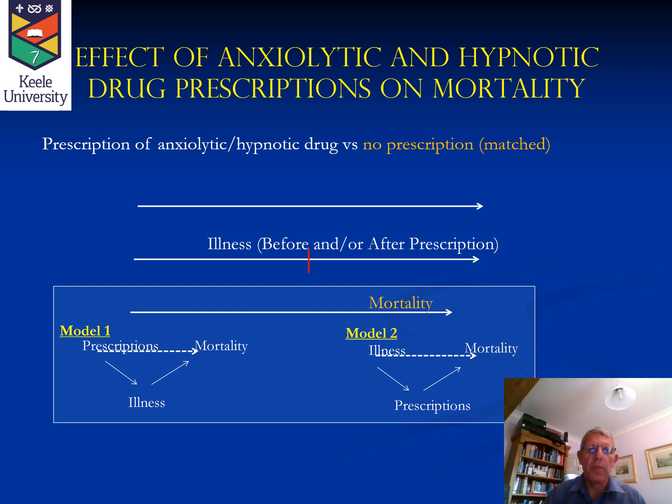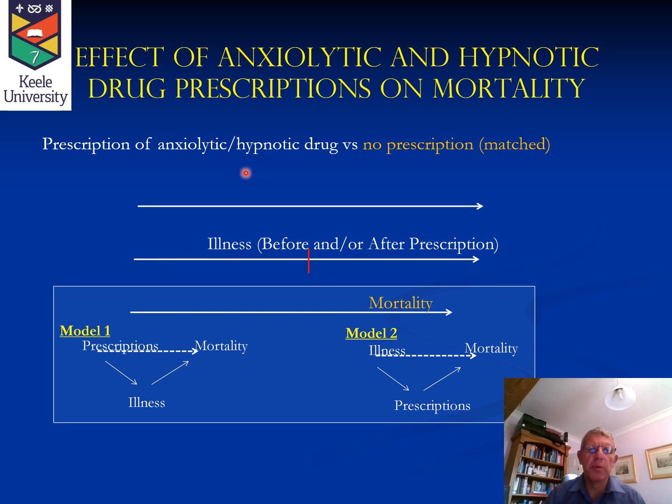And we measured all sorts of covariates over the entire study period. So if a person had, for example, asthma, it could occur anywhere over this study period. Probably looking at it before getting the study drug would be better, but it was very complicated to do that, so we didn't do that.